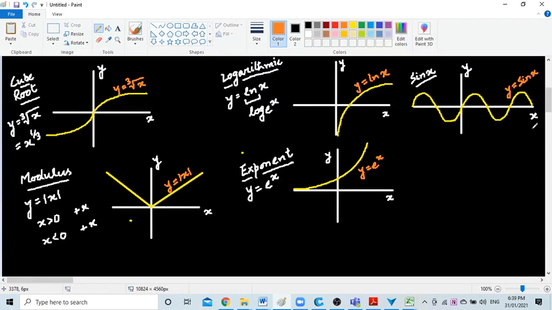Fine. And the same way, let's discuss the cos function. Let's say that is cos x.